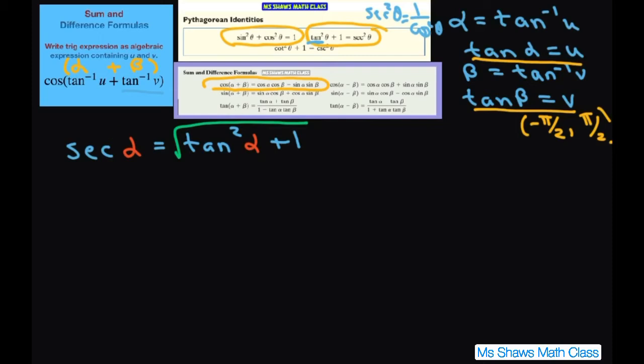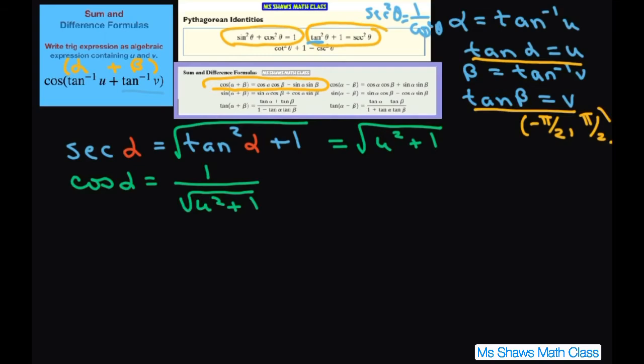All right, so this is going to equal, I know that tan of alpha is u, so this is going to be square root of u squared plus 1. That means cosine of alpha is 1 divided by square root of u squared plus 1.